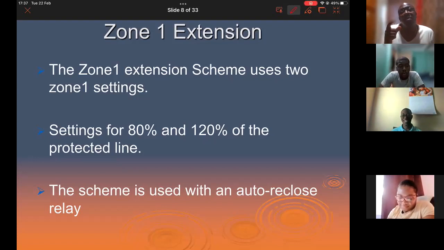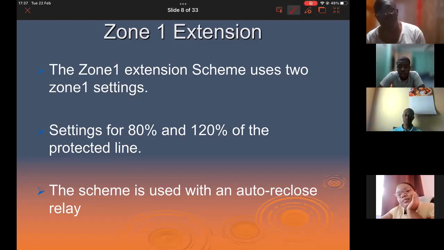Now, the utility uses that facility. So it has that fiber connection. And when you have a fault, the communication between the substations is done by fiber.